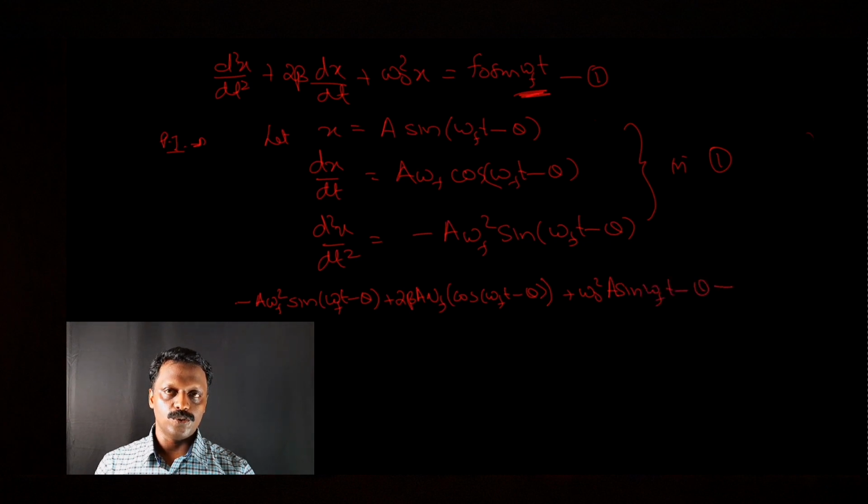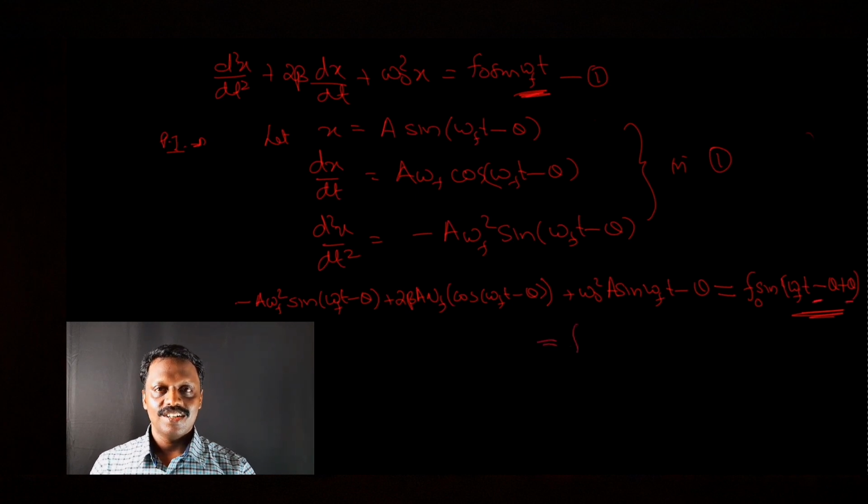This is equal to F_0 sin(ω_f t − θ), where we will be having a slight rearrangement on the RHS part. Instead of sin ω_f t, we will be writing it as sin(ω_f t − θ + θ), so that the value doesn't change.